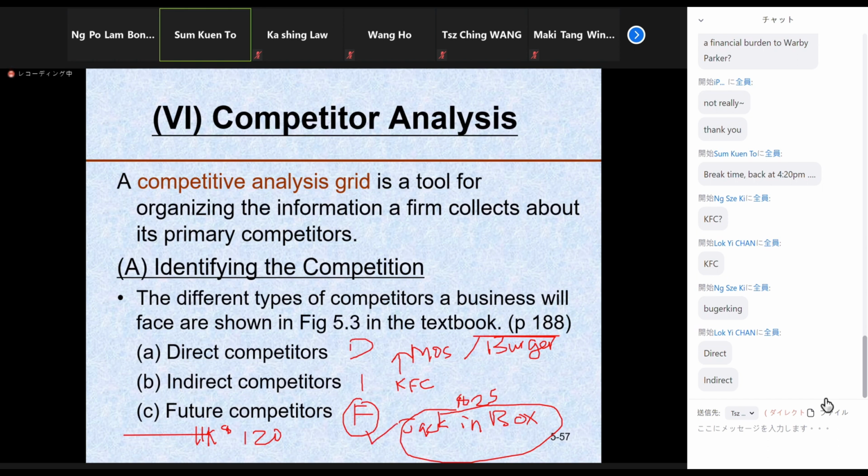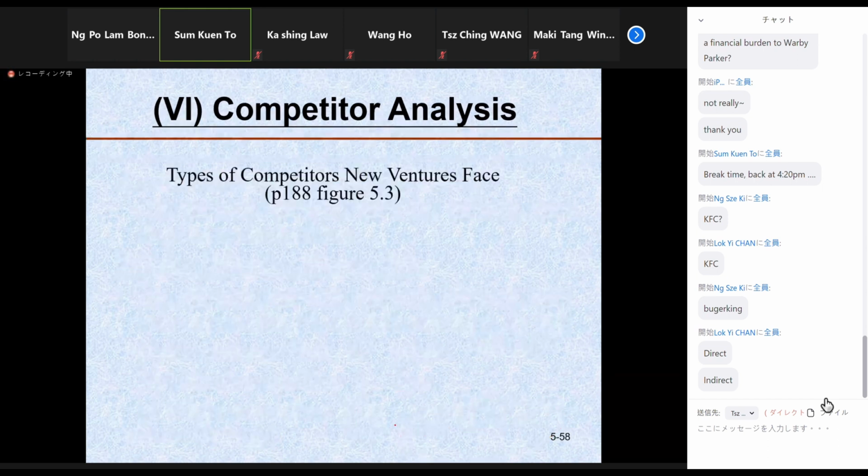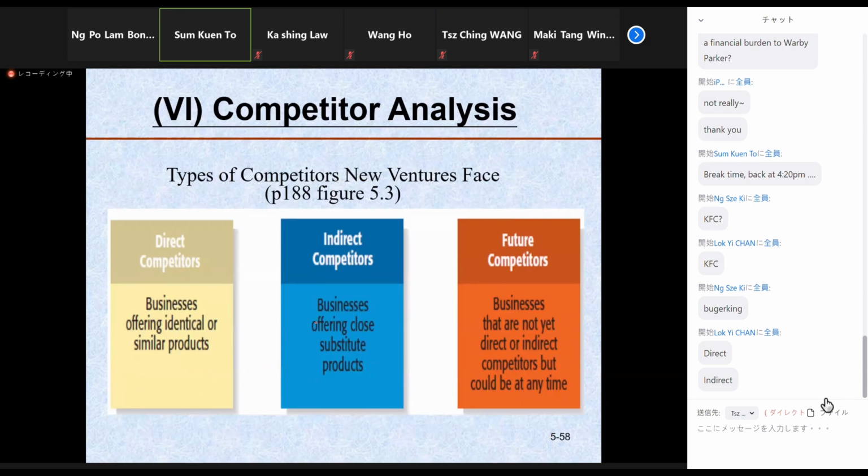Now, this is what I said: direct one, selling the same, identical, or similar. And then the indirect one, they are selling something a little bit similar, or something that can be a substitute.